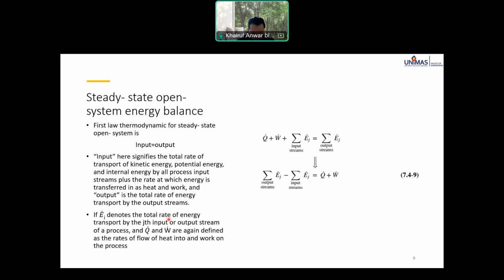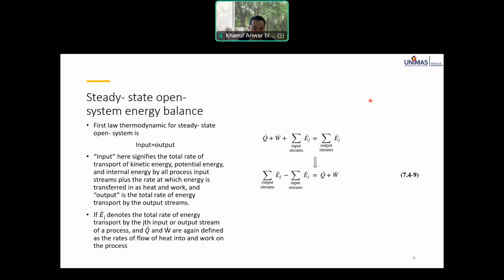So, steady state open system energy balance. The first law of thermodynamics for a steady state open system is: input equals output.